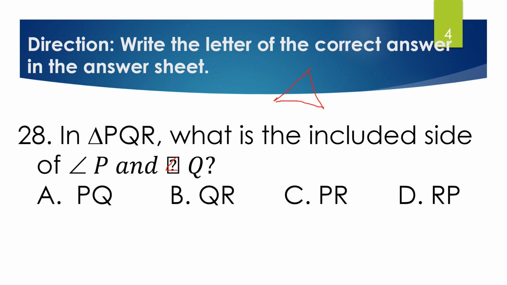For example, this is your triangle, and then we have P, Q, R. Now, this is the included side, that is PR. Okay, PR is the included side.